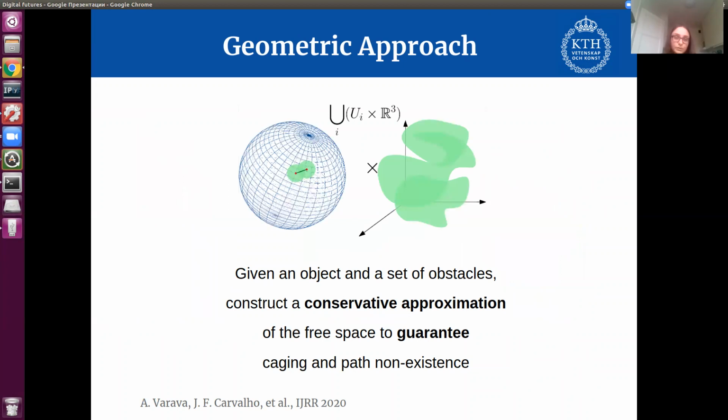What we did was deal with our state space explicitly, and we came up with a geometric algorithm that represents the state space explicitly, which allows us to analyze for each specific point in the space whether it is caged, so whether, if the object is in this specific configuration, it can escape or not. And also to analyze whether there is a path between any arbitrary pair of points.